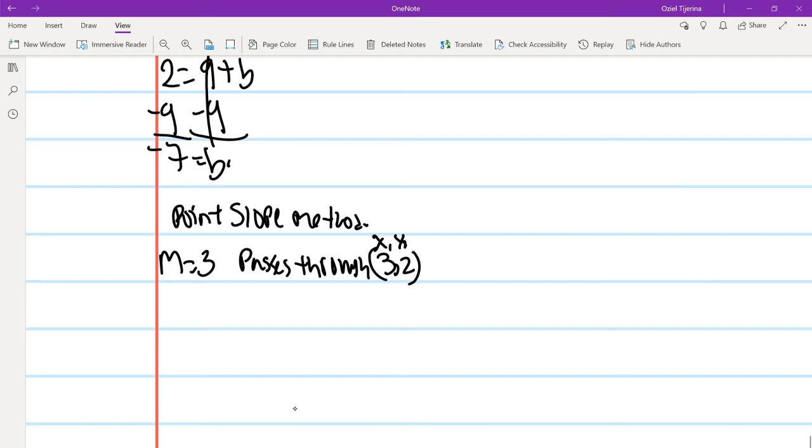Unless we had another point, then we would draw a graph and see which would be x1, y1 and which would be x2, y2. But this is x1, y1, so we can say y minus 2 equals 3 times x minus 3. And then you go ahead and simplify it.